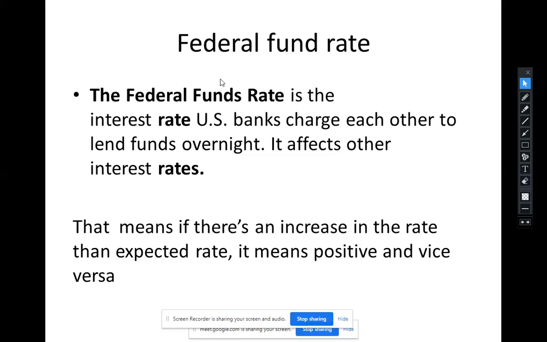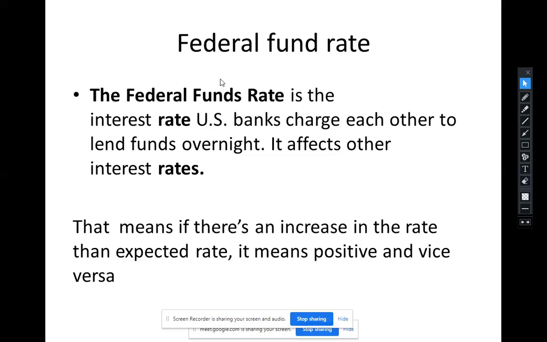So the Fed fund rate is the interest rate of the United States of America that banks charge each other to lend funds overnight. This kind of interest rate might also affect other interest rates.